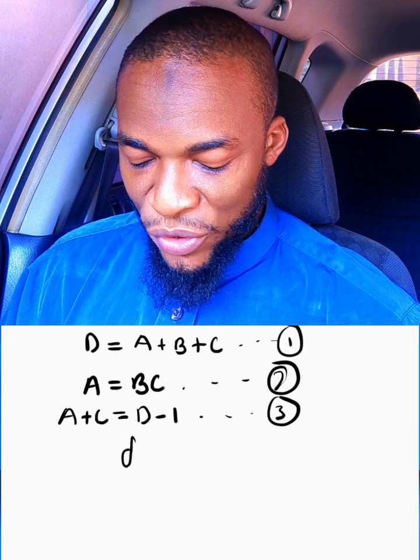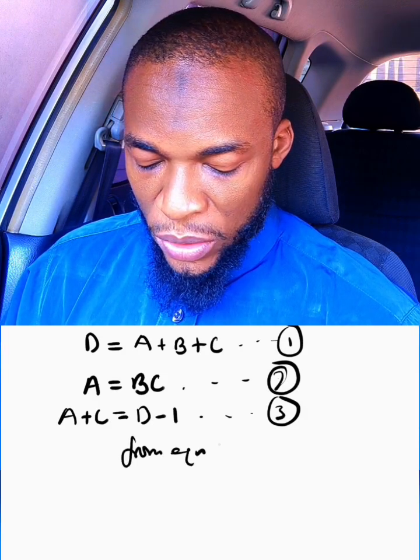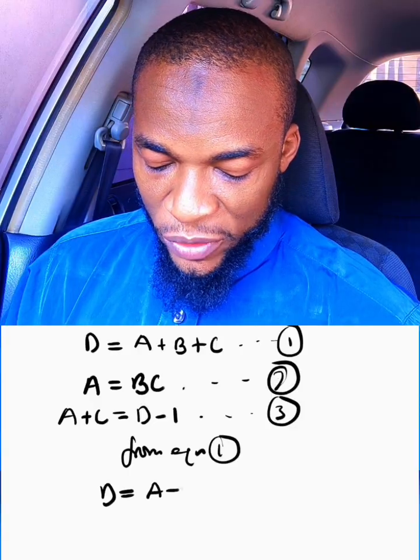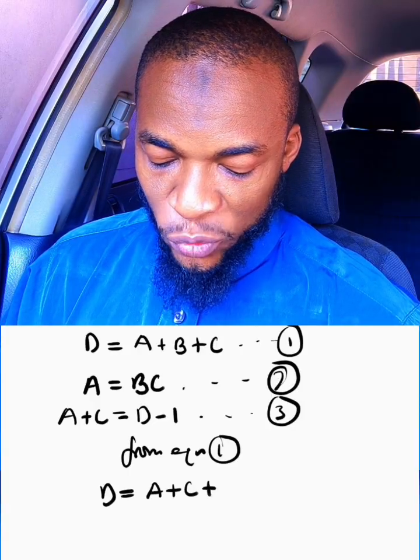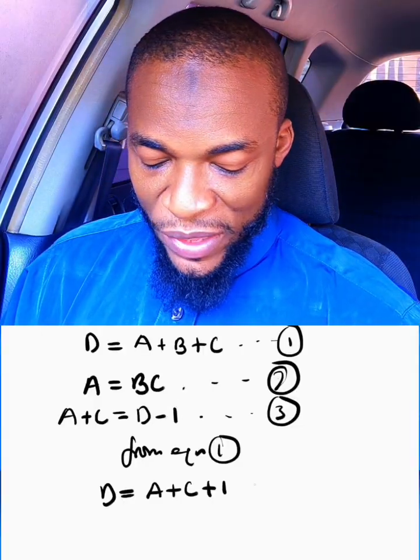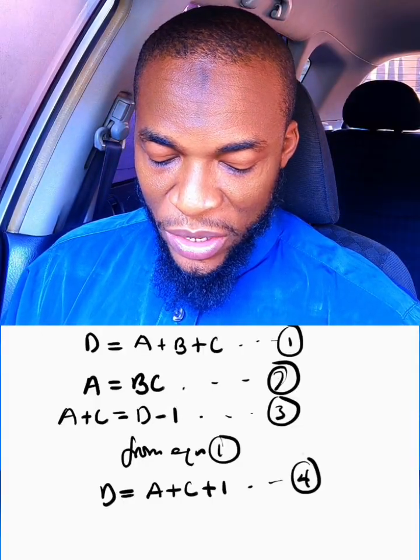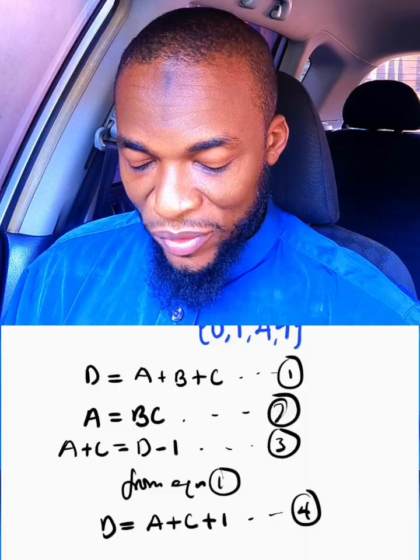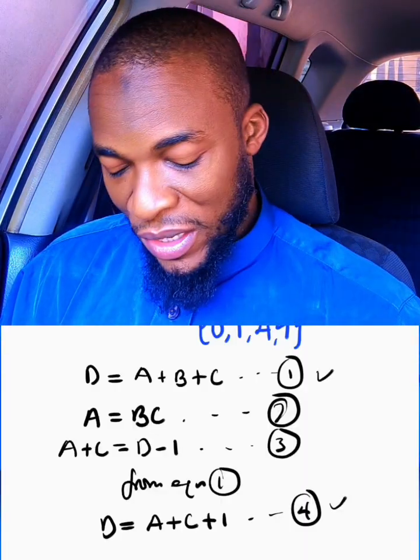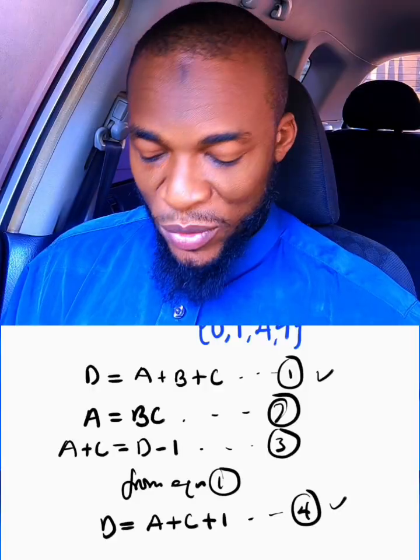From the third equation, we can make D the subject. D is equal to A plus C plus 1 if you take negative 1 to the other side. But remember, we have another equation. This is equation 4, right? We have another equation in terms of D, which is equation 1. So since all of them are in terms of D, we are going to set their right-hand side to be the same.